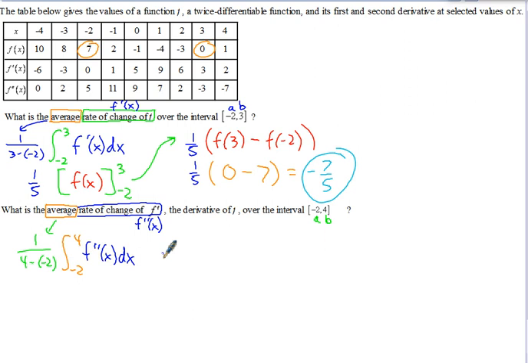And so then we've got 1/6 on the outside. When you integrate f double prime, well, that gives you back the first derivative when you find the antiderivative, doesn't it? Back to f prime of x. Evaluated from -2 to 4. So we have 1/6. And then we can substitute in the upper limit 4, so that's f prime of 4 minus, let's substitute in the lower limit of -2, f prime of -2.